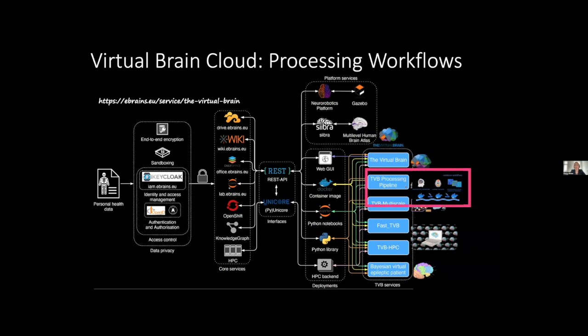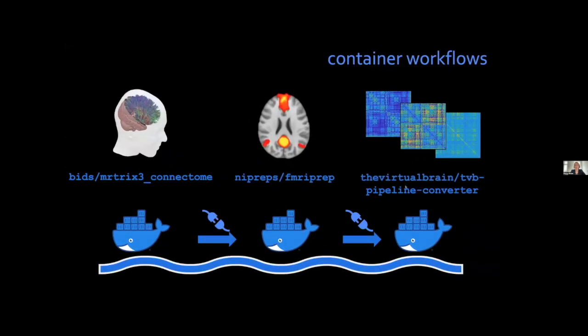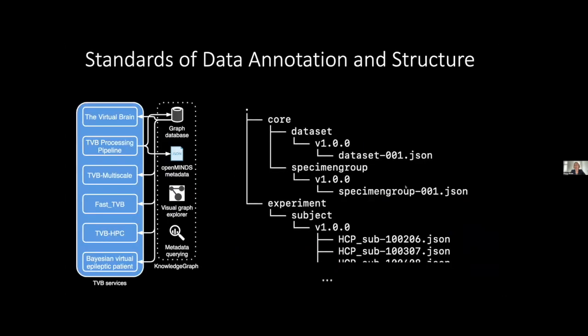Then we have the integrated automated workflows, and Michael Schirner will talk about this in more detail. They are available in the form of Docker containers and orchestrated workflows, including encryption of the data and sandboxing to protect them from unauthorized access, which is important because of GDPR law in Europe, General Data Protection Regulation.